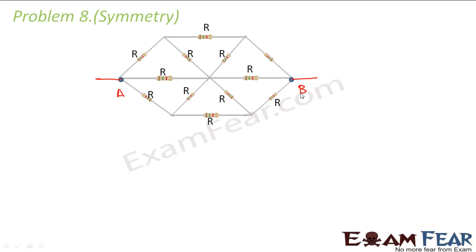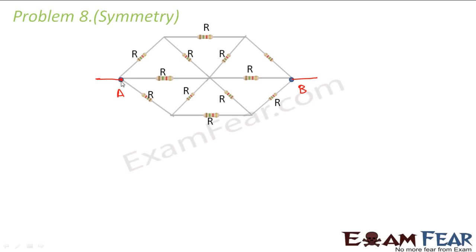so here if you look at this figure very carefully, you can see that you can divide this figure into two parts such that they both are in symmetry with each other. So what is that axis along which you can divide it? Never divide along the axis along which you need to find the equivalent resistance.